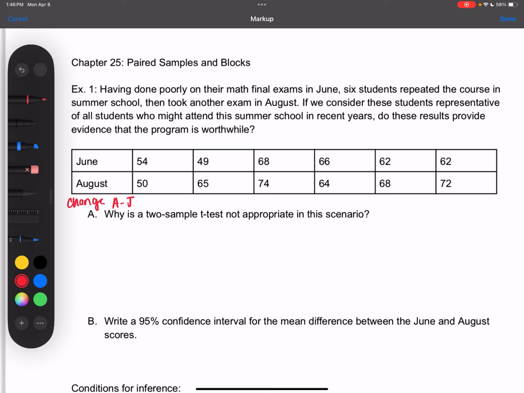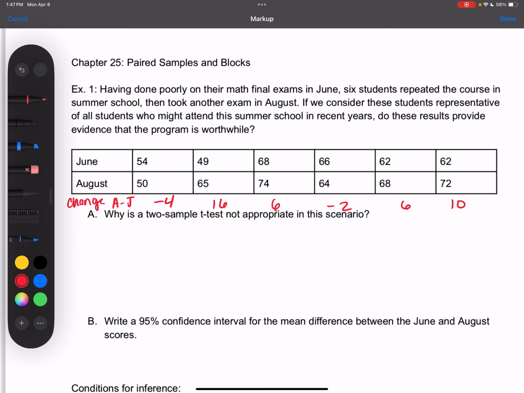Do August minus June. -4. 16. -6. -2. 6. All right, so that way we have the change already. That's what we would be using to find a lot of this stuff.